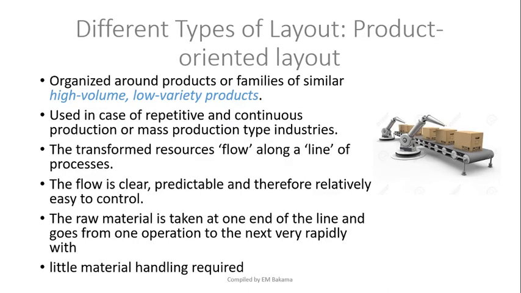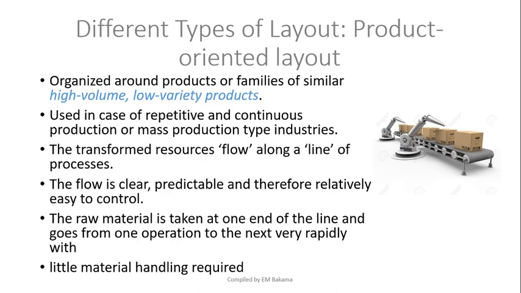Now, another one is a product oriented layout. A product oriented layout is something like the opposite of the process oriented layout. It is organized around products or families of similar products of high volume and low variety, which is not the same as the process layout. The process layout was about low volume and high variety.